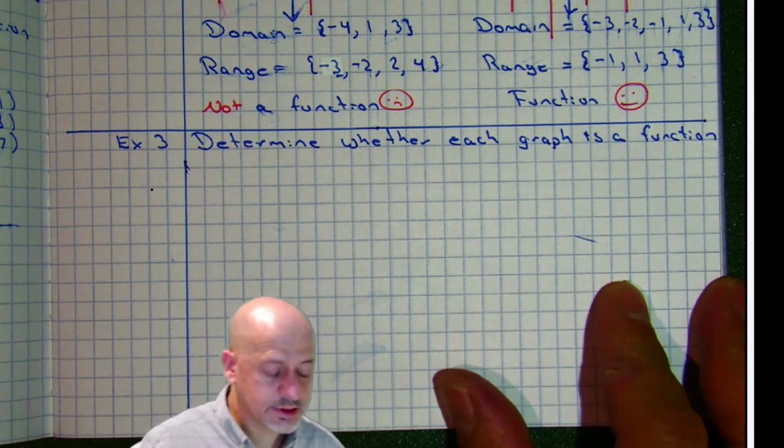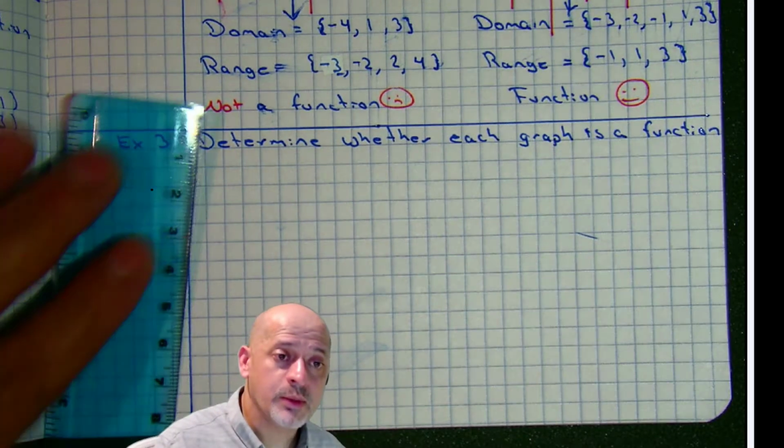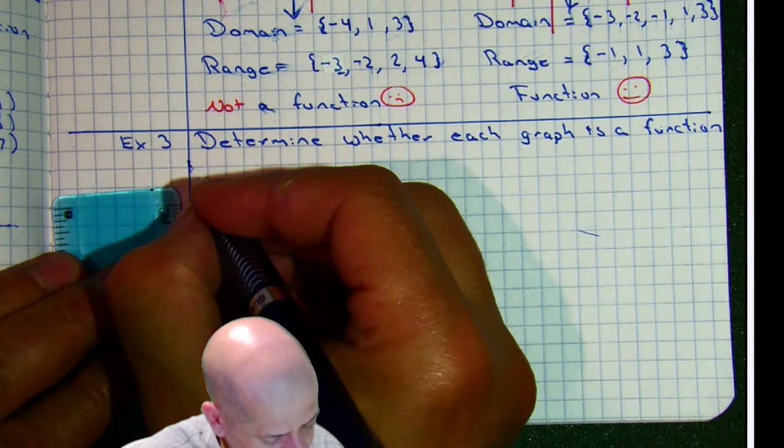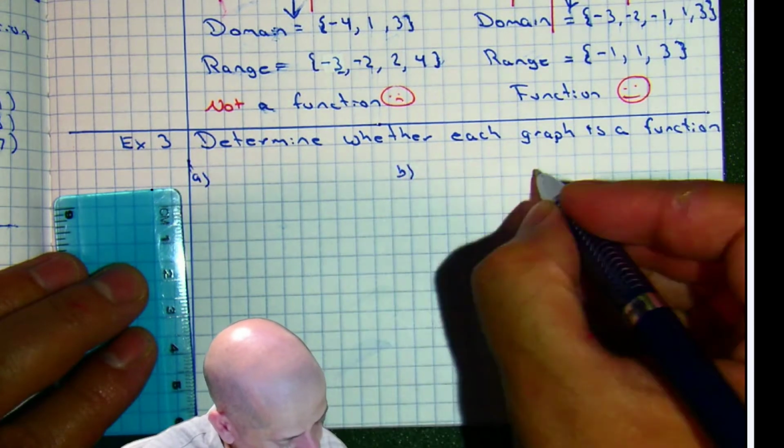So I'm going to place 3 graphs. So therefore, I'm going to make them a little smaller. I'm going to place A, B, and C.